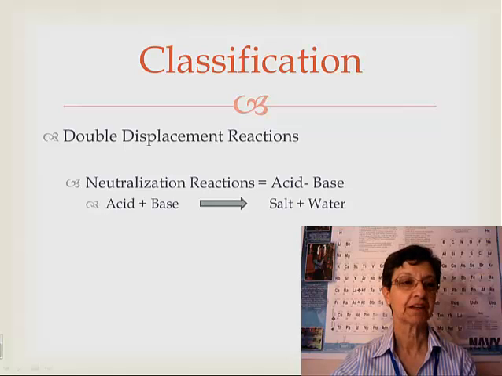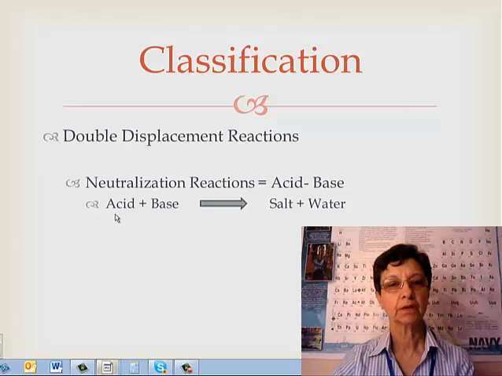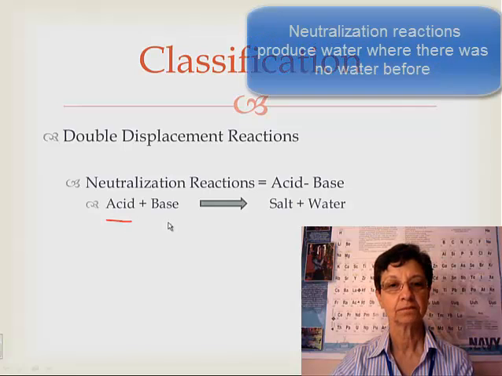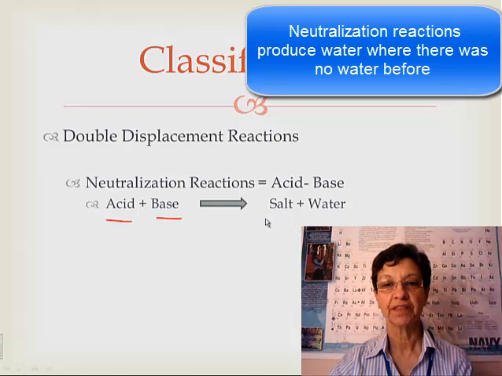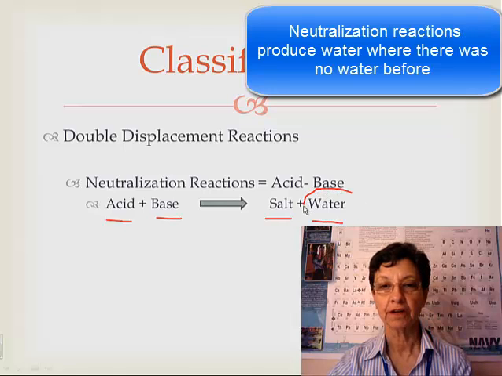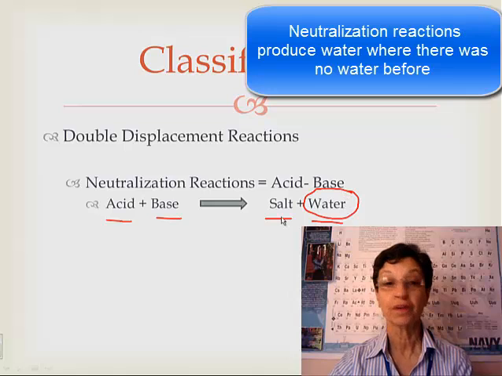Well, let's review for a second what a salt means. We start out with an acid and a base, and when the reaction is completed, we end up with a salt and water. And this is very important because we produce water where there was no water before. And how does this happen?